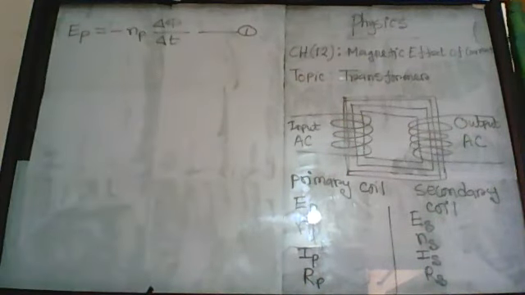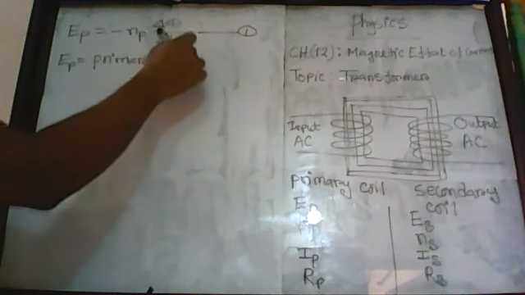What are the tools written here? The first one is EP. Here EP is called primary voltage or primary electromotive force, EMF.